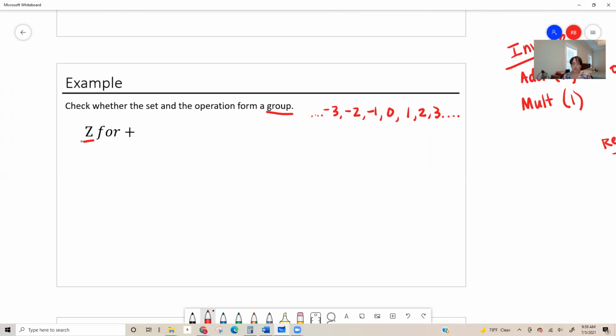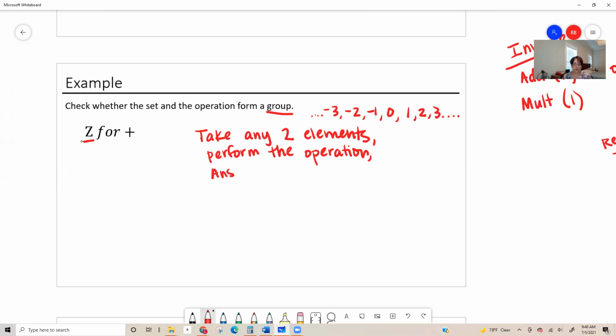So to form a group means that if you take any two elements, perform the operation, and then your answer will also be in the set.